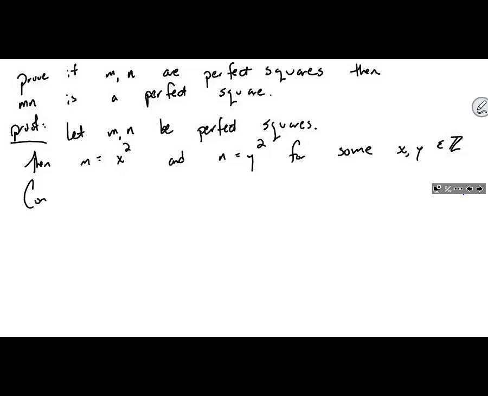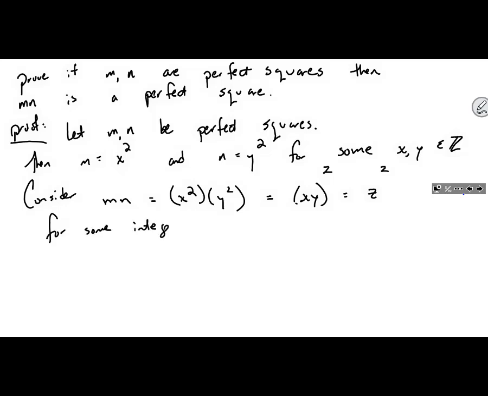Now, let us consider the product m times n. M times n would be x squared times y squared, which I then can write as x times y quantity squared, using a property from elementary algebra, which I then can write as z squared for some integer z being the product of the integers x and y.